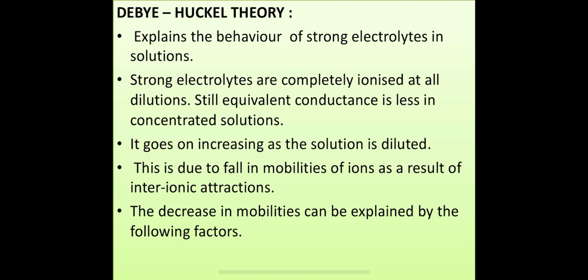The ionization increases, that means the formation of cations and anions increases as the solution is diluted. This is due to the fall in mobilities of ions as a result of interionic attractions. The decrease in mobilities is accounted for by the following factors. So what are the factors which lead to the decrease?